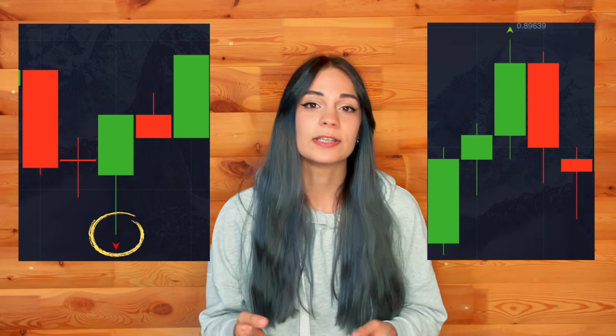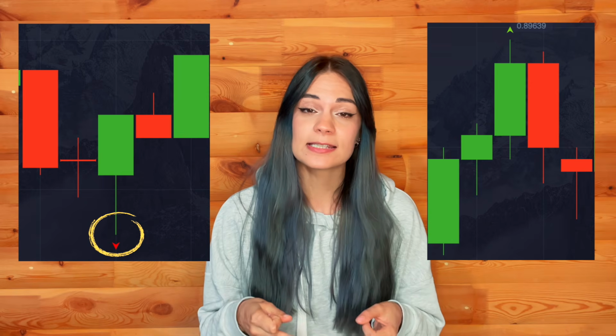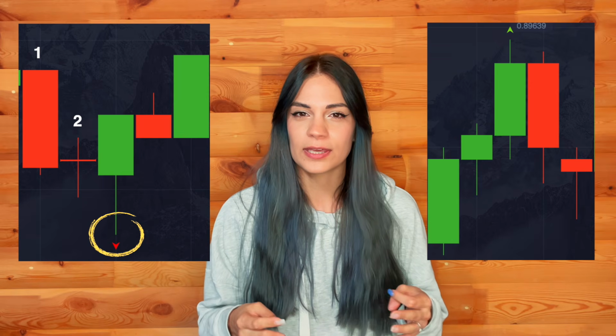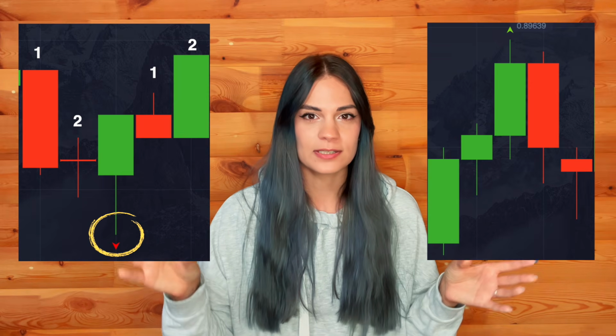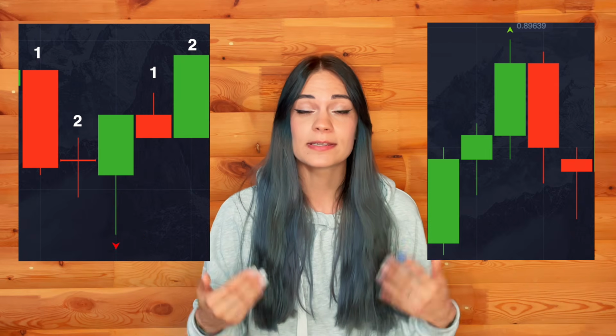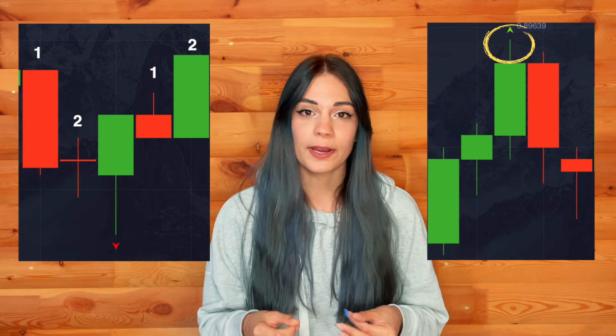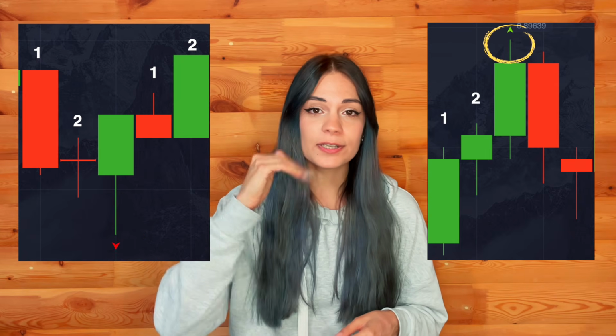Now, this is how a fractal looks on the chart, and if we're talking about a price minimum, then a red fractal is going to be formed under the candlestick that is lower than 2 candlesticks before and after it. And of course, in case of a price maximum, a green fractal is going to be formed over the candlestick that is higher than 2 candlesticks before and of course after it.